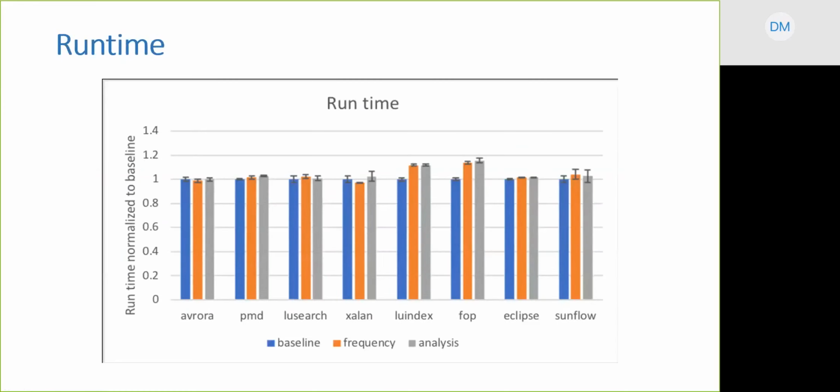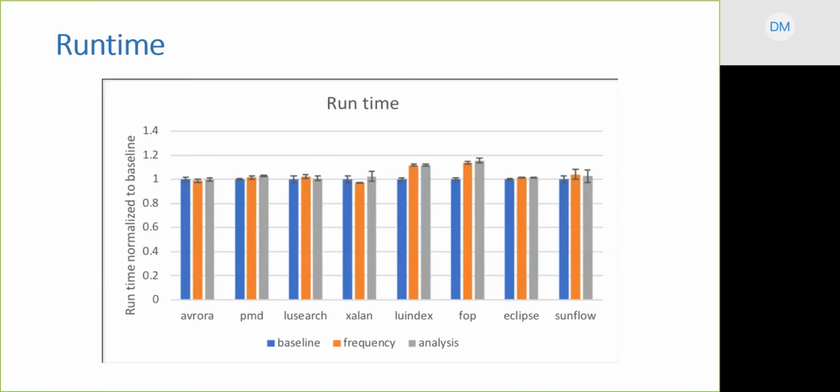Okay, so runtime. All of these bars are normalized to the baseline. So all of the baseline bars, which are the dark blue bars, the leftmost bar is 1. The middle bars, the orange bars, are for the frequency inliner, and the gray bars are for the analysis inliner, where we added the abstract interpretation. And lower is better.